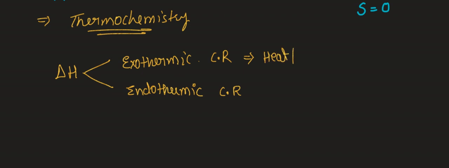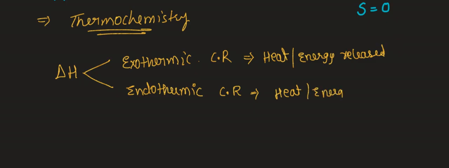The chemical reactions in which heat, or you can say energy, is released are called exothermic. What is an endothermic reaction? The chemical reactions in which heat or energy is absorbed are called endothermic reactions.